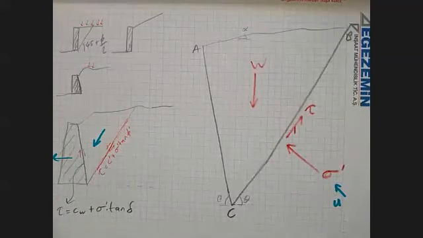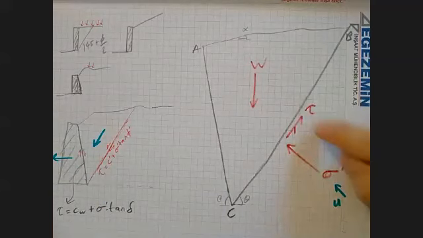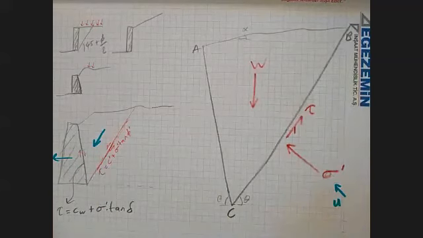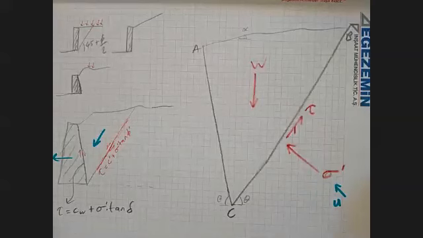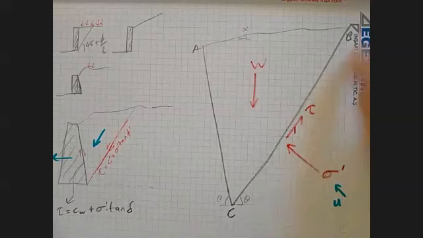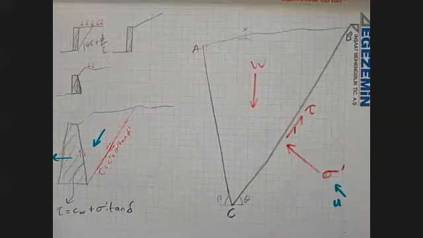And by the way, of course, I'm doing a force free body diagram. I wrote these in stresses. Of course, we need to convert them to forces later. So these will be stress times whatever area we have. So it will be related to this BC length and so on. So leave that aside for a moment.